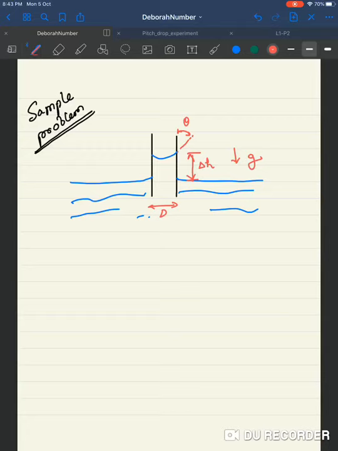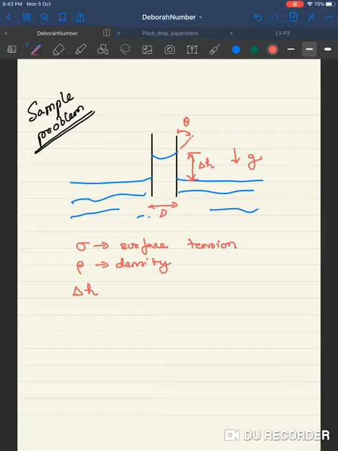No, one more thing I have to give you. Sigma, let's say, is the surface tension, acting here at this location. So now the question is, find delta h in terms of all these other variables. And you can also assume the density to be rho.